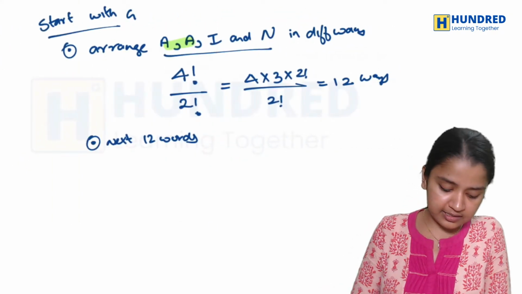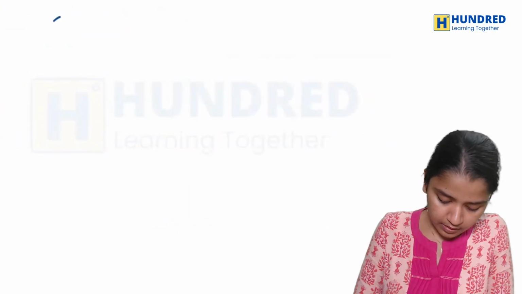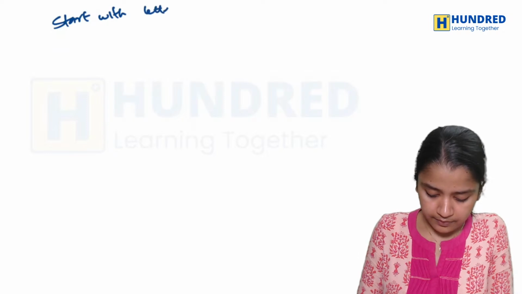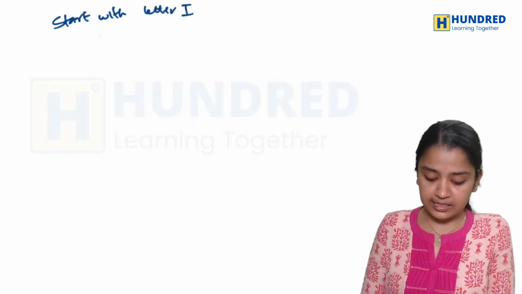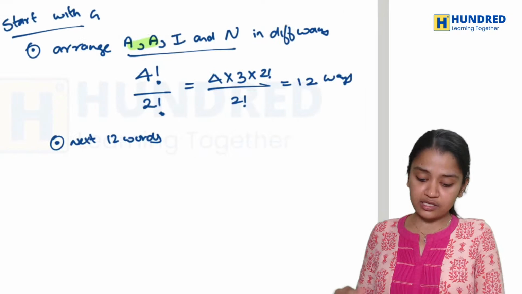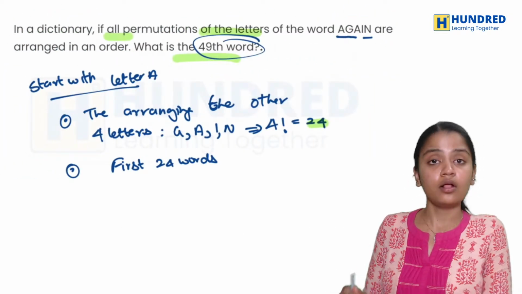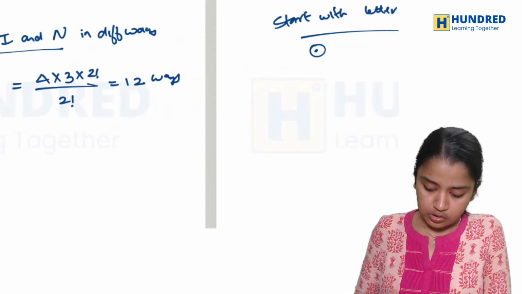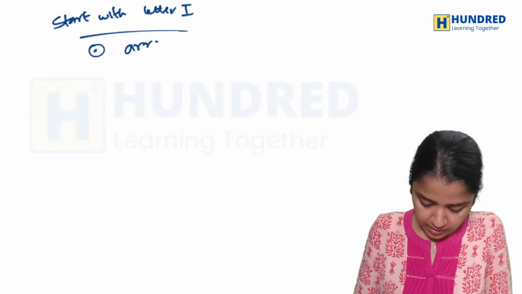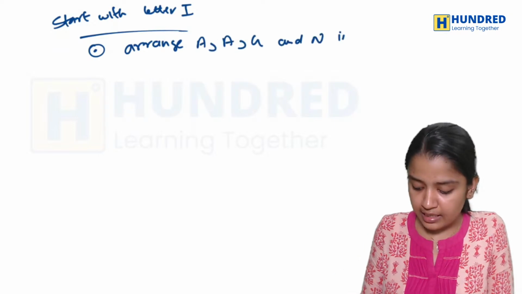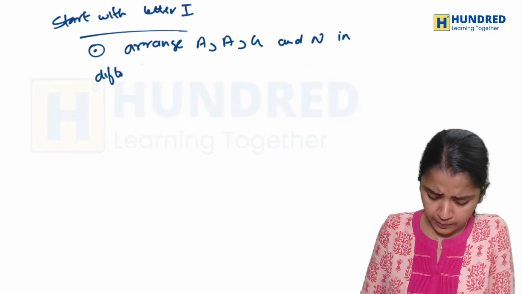Now next, let's start with letter I. If I start with letter I, I have to arrange the remaining letters A, G, A, N in different ways.